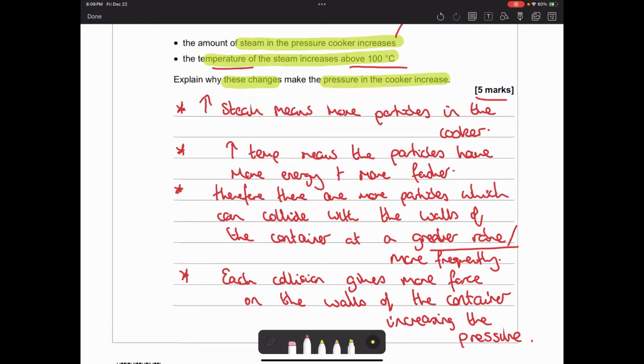And that would be your 5 marks here. 1 mark for saying that there would just be more particles, 1 mark for saying that they'll be moving faster, 1 mark for saying that they'll be colliding at a greater rate or more frequently, and then recognising the fact that the particles, as they collide, exert a force on the container.